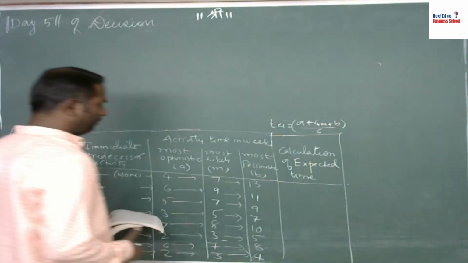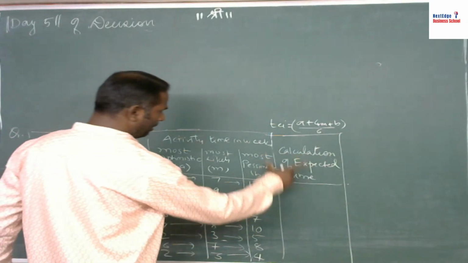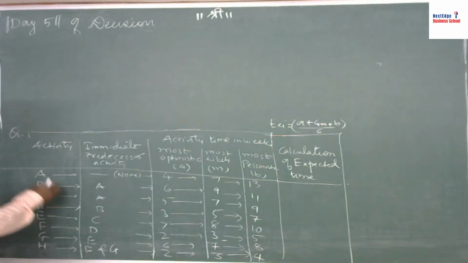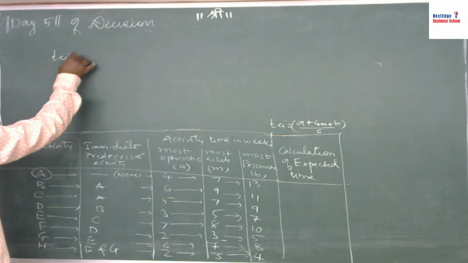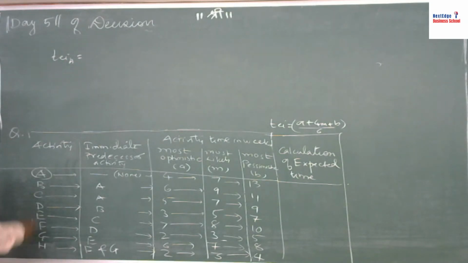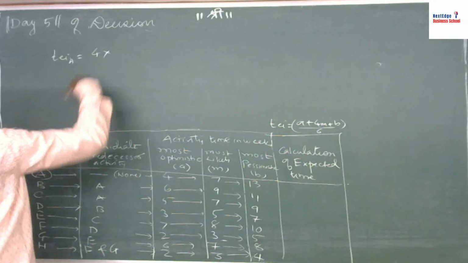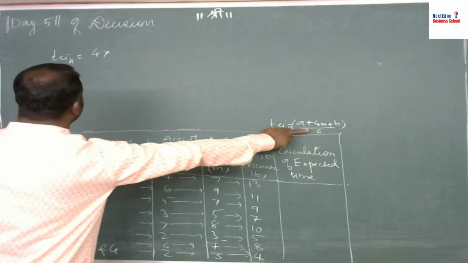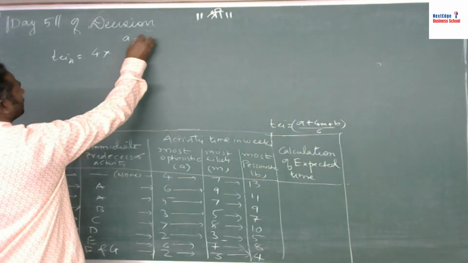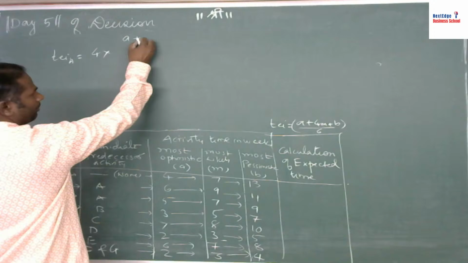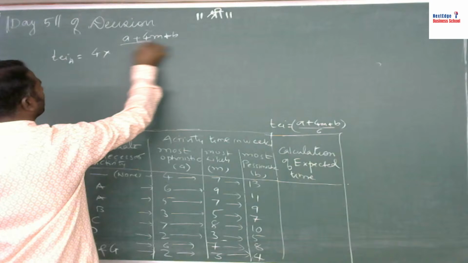So I'm calculating one value for you all, you have to calculate for everyone, right? So I'm calculating it for activity A. Let us say TE for A is equal to a plus 4m plus b upon 6. The value of a here in activity A is 4.